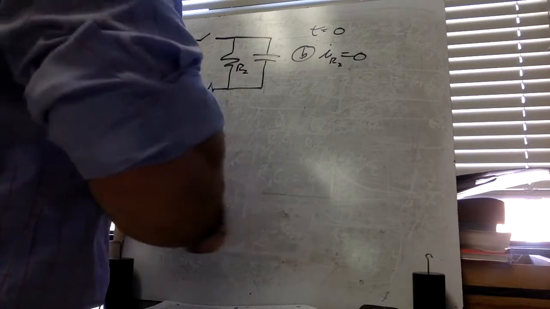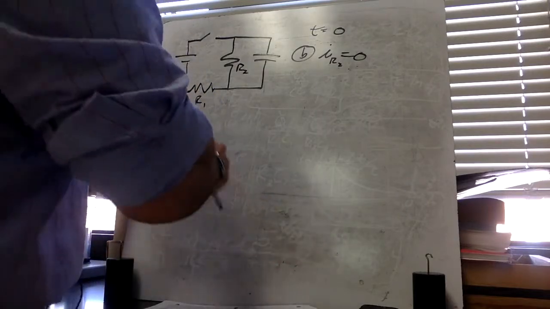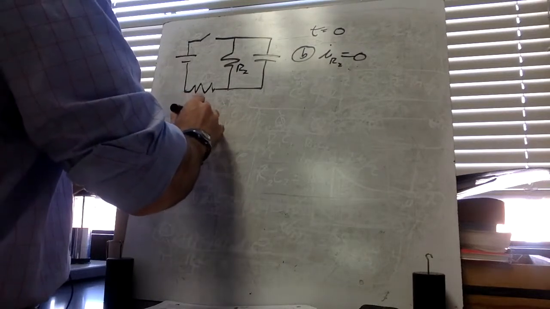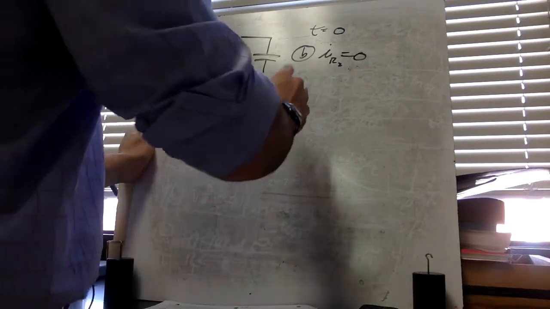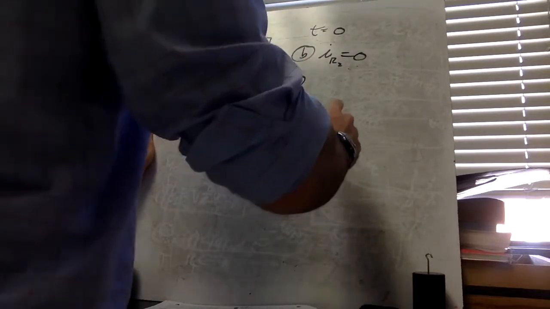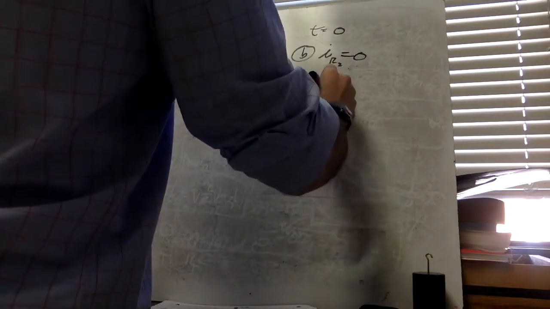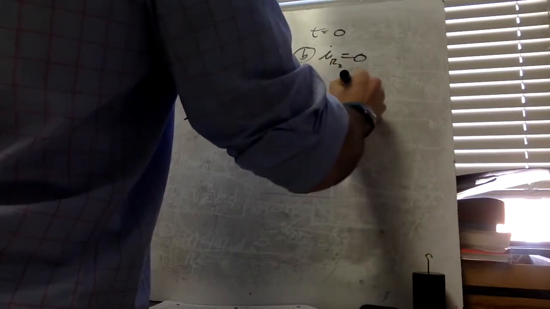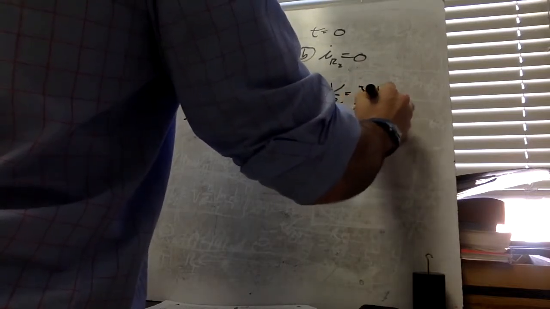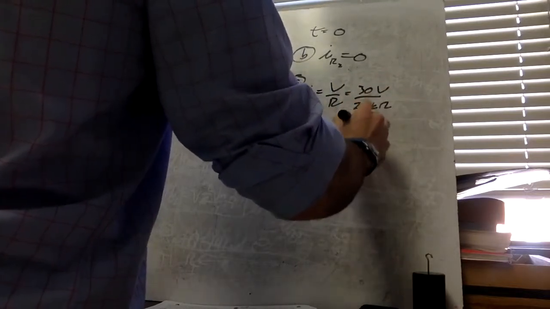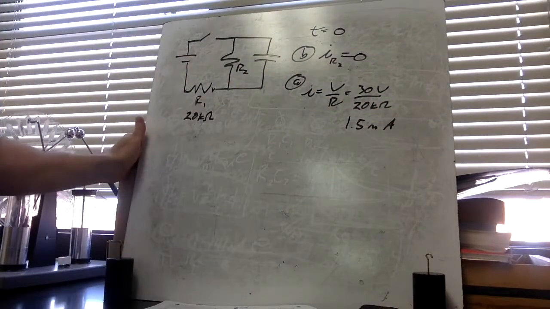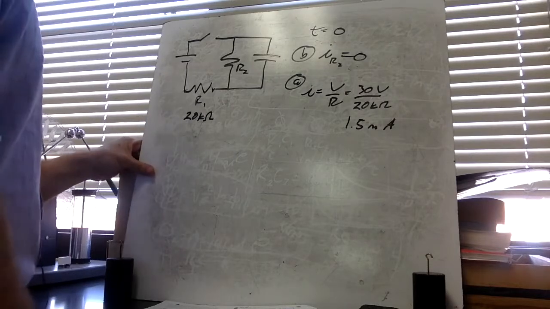That means all of the current initially will be going through R1, which is 20 kilo ohms. So the current through there will be V over R, which is 30 volts over 20 kilo ohms. So that's 1.5 milliamps.